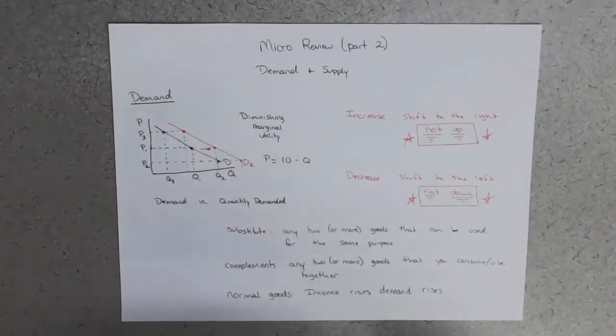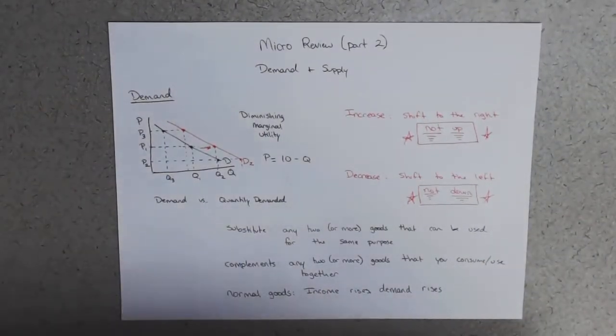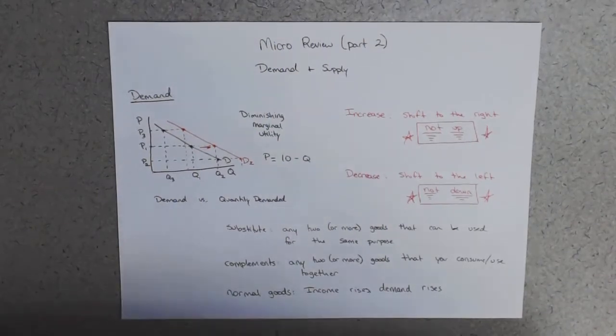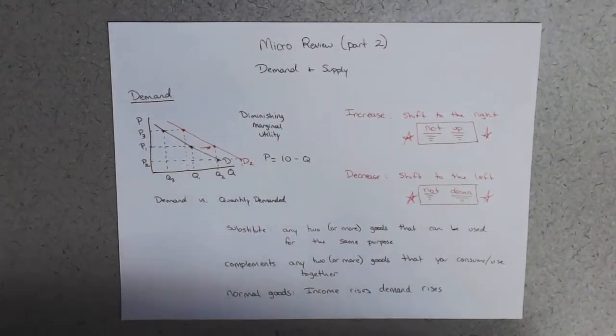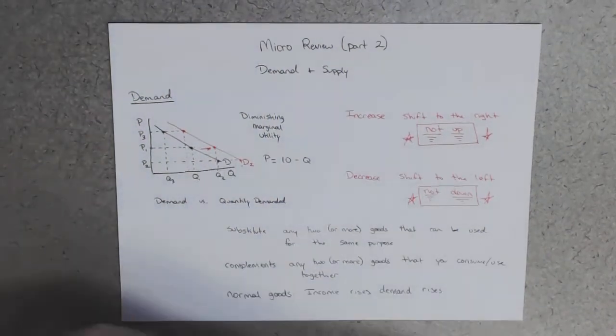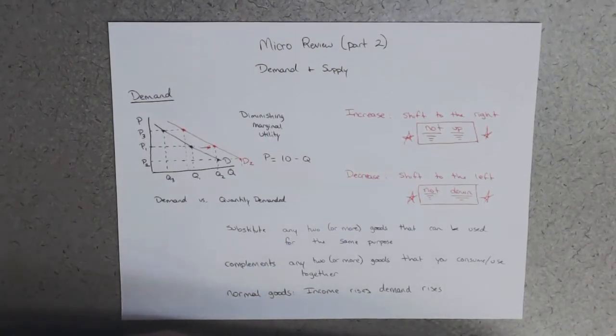But what about things like ramen noodles? How many of you have eaten ramen noodles, let's say, in the last month? My guess is that if we were in person, almost all of you would be raising your hands right now, which is fine. There's no judgment there. Or how many of you have had Natty Light or Steel Reserve or Road Dog or whatever the other cheap beers are?